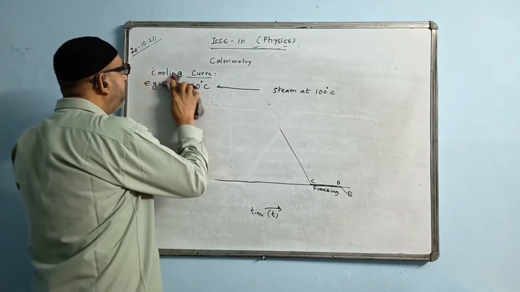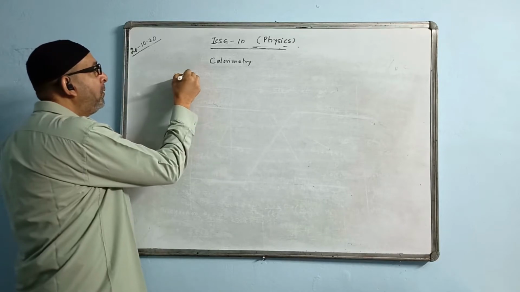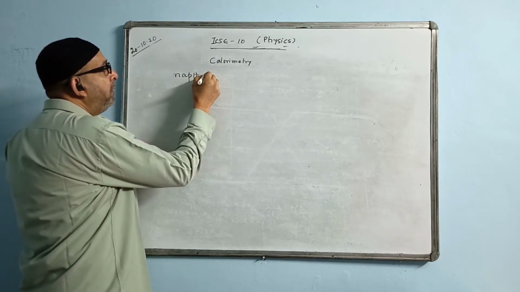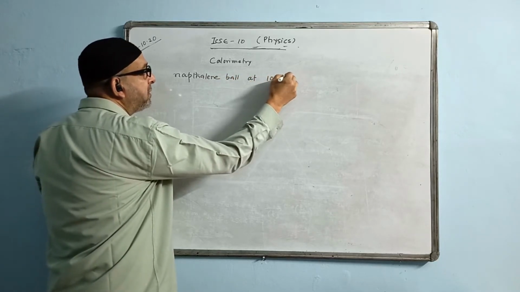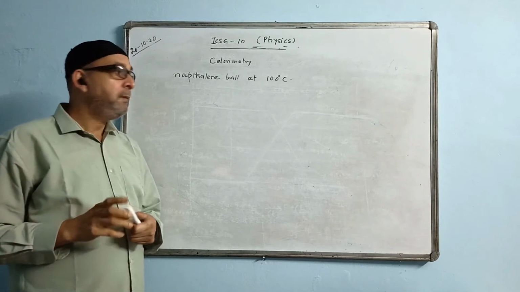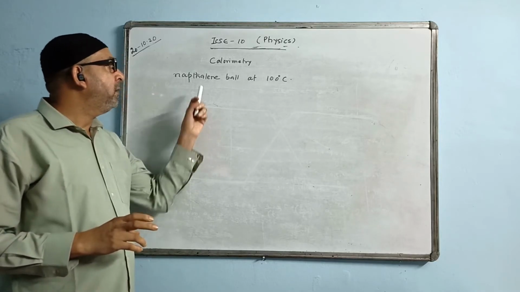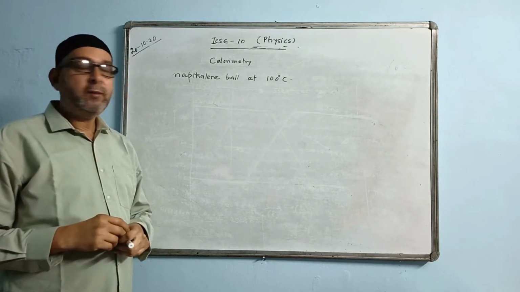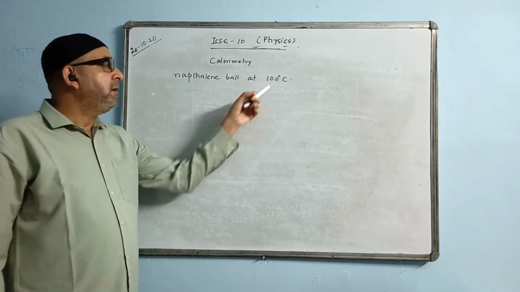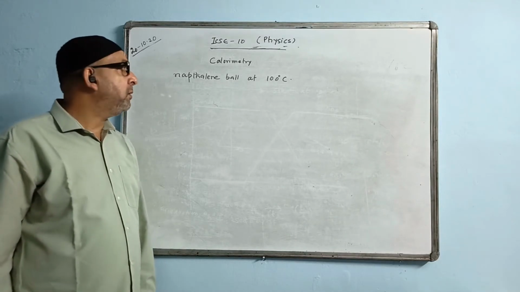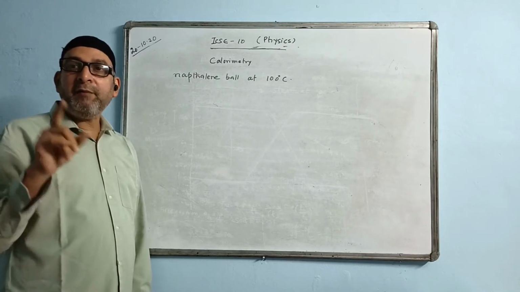Suppose another question: they say there is a naphthalene ball at 100 degrees Celsius given to you, and you have to supply the amount of heat so that it changes into a liquid at 40 degrees Celsius.